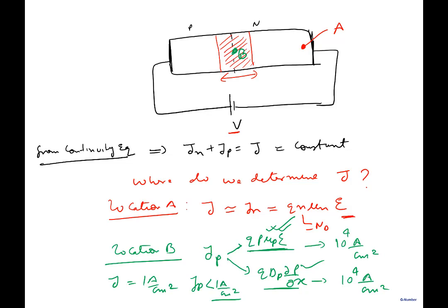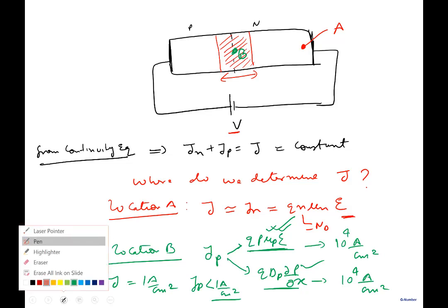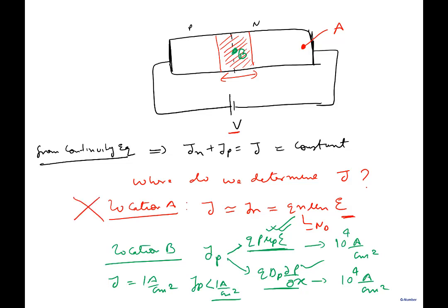To compute anything analytically to the third or fourth decimal place is very hard. So location A, if you try to sum up currents and determine current, fails. Location B, if you try to do that, it fails.